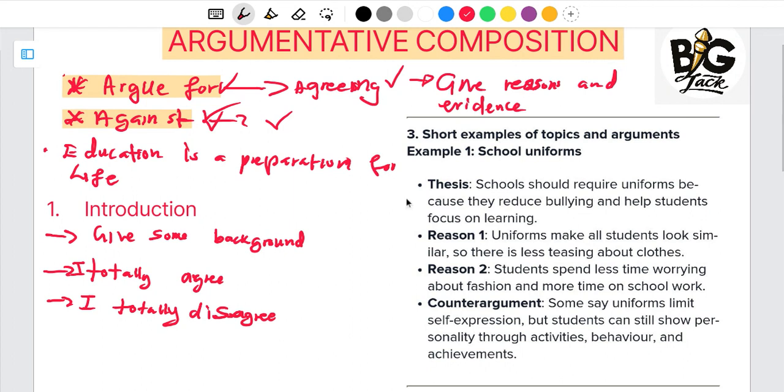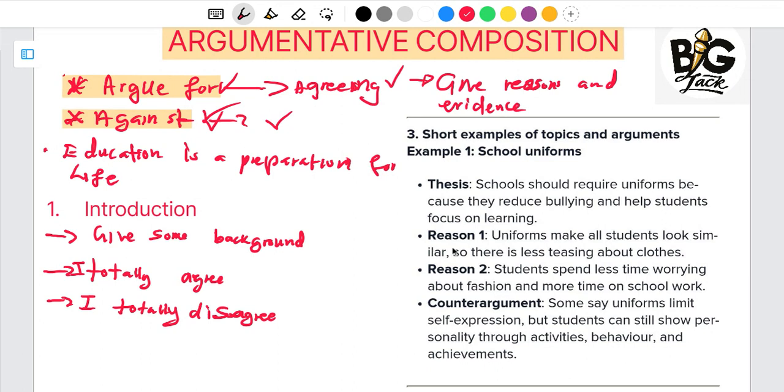So for many of the points, we have the thesis here, which says schools should require uniforms because they reduce bullying and help students focus on learning. What the statement means is this: someone is going to come with a miniskirt, someone is going to come with a chitenge, then they will start bullying her. So that is going to reduce bullying.